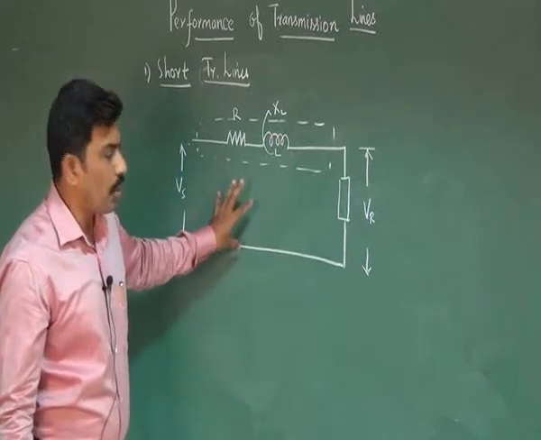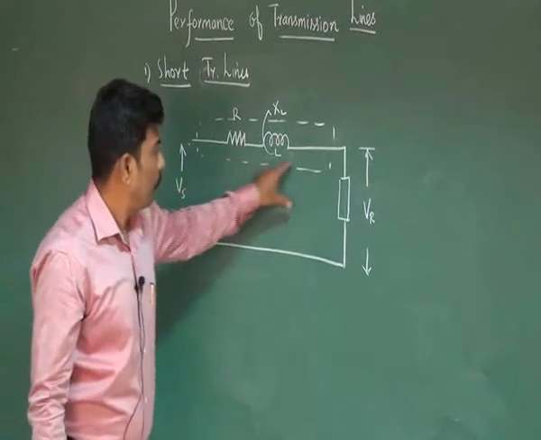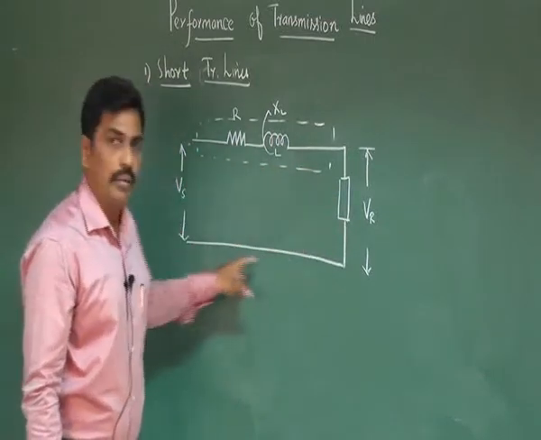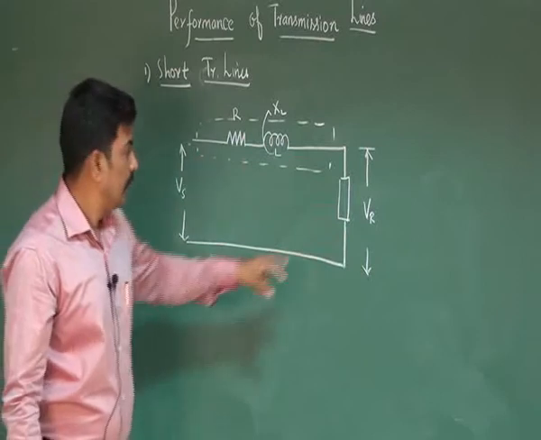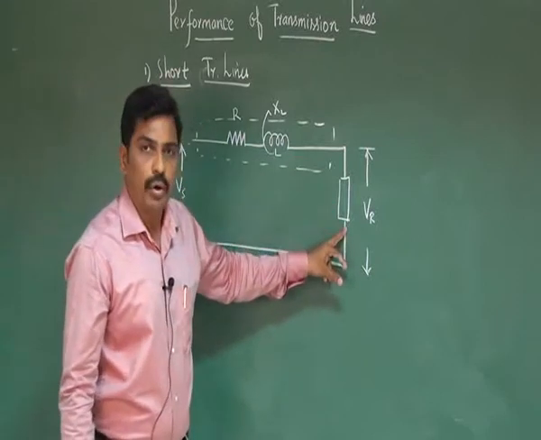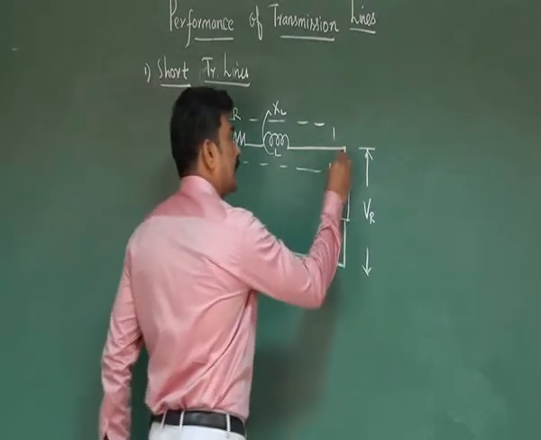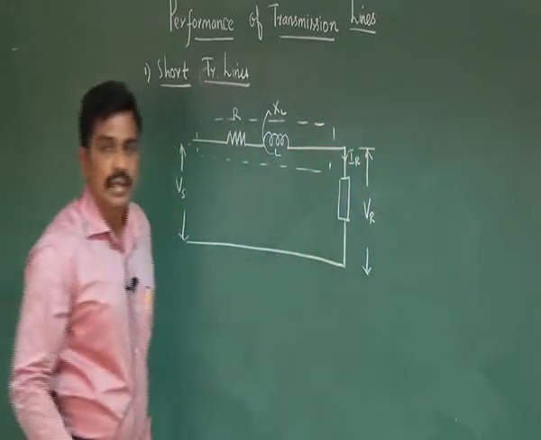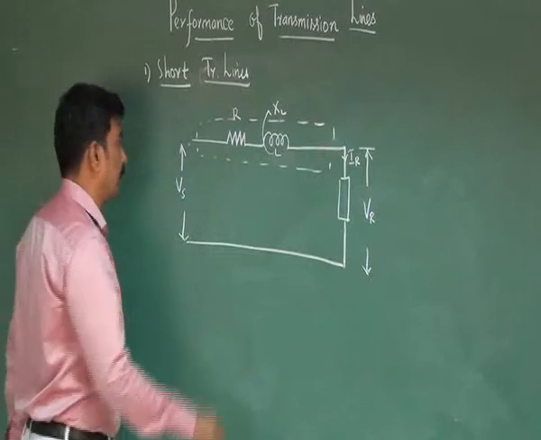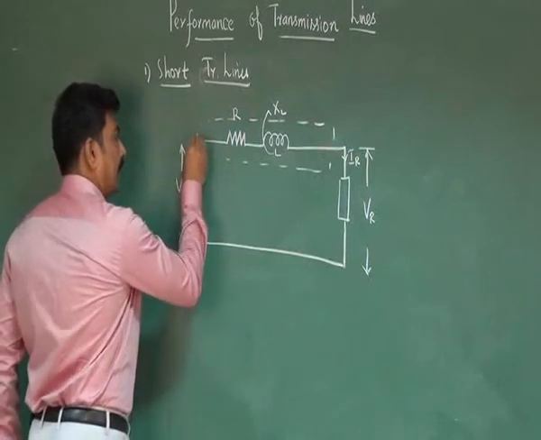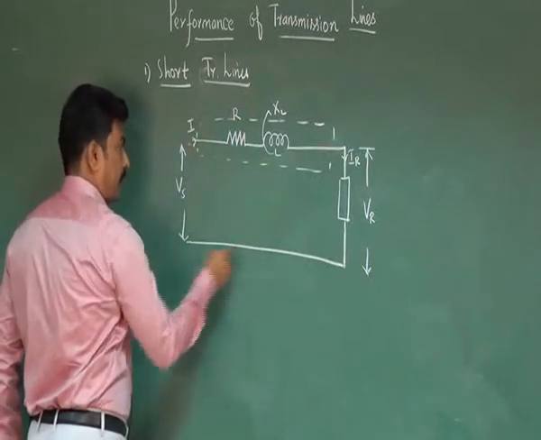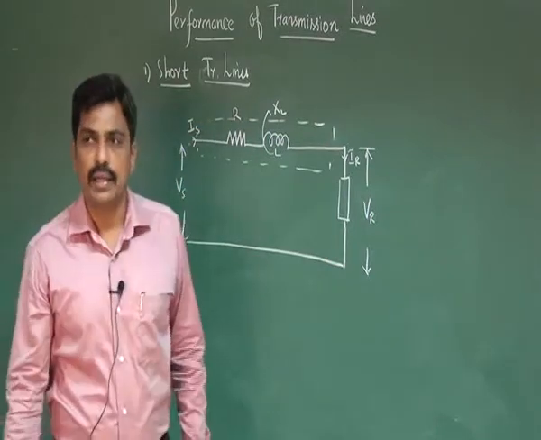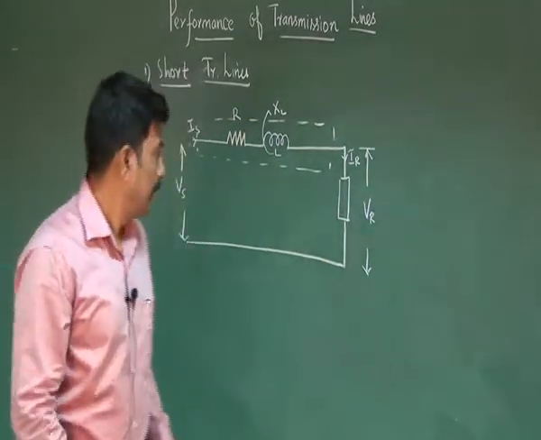Now this circuit model has go wire and return wire. So this circuit model forms a loop. The receiving end load receives a current of IR, that is current drawn by the load. Now here, as we have a closed circuit, sending end supplies a current of IS, sending end current.